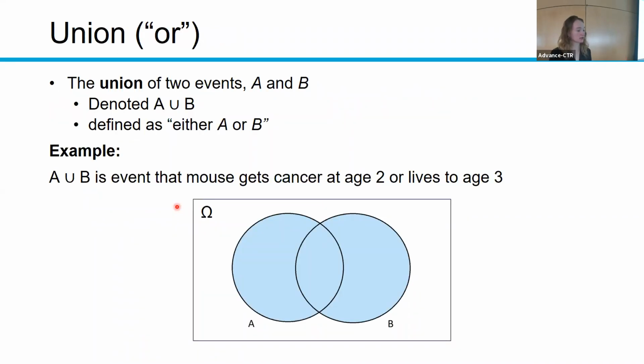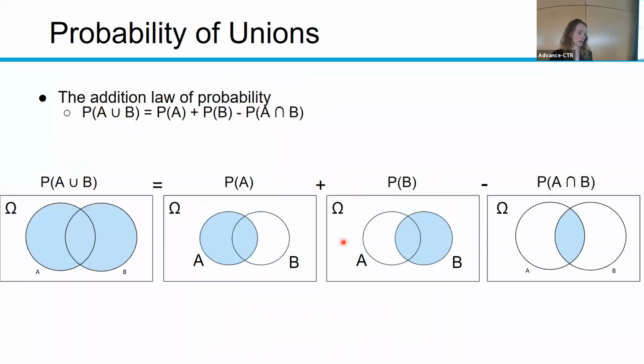So a union, as we said, this is "or": the probability that A or B happens, the probability that the mouse gets cancer at age 2 or lives to 3. So it's anything that falls in either of these circles. Calculating this probability is a little bit more intuitive than the intersection.